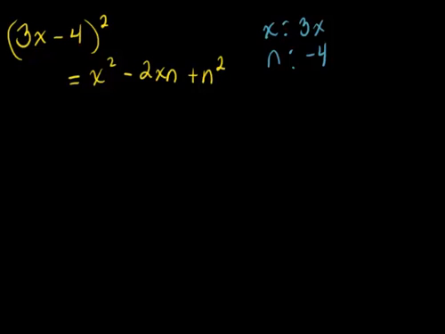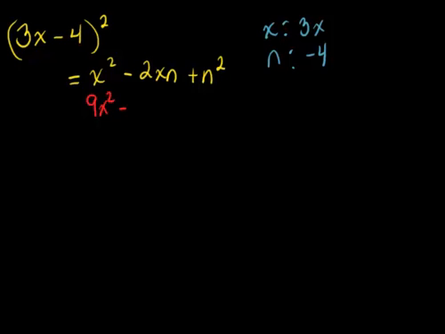So when we apply this rule, x squared is 9x squared, because 3x times 3x is 9x squared, minus 2 times 3x, which is 6x, and then times negative 4.